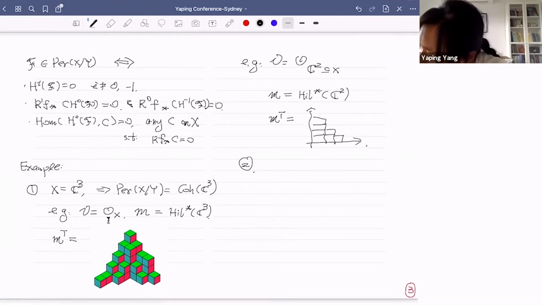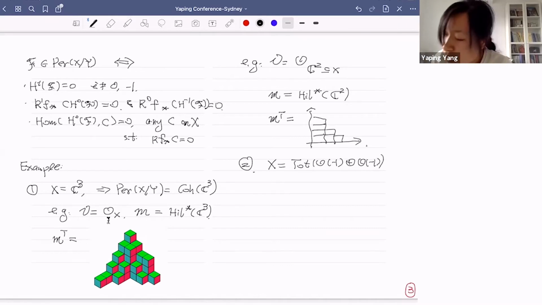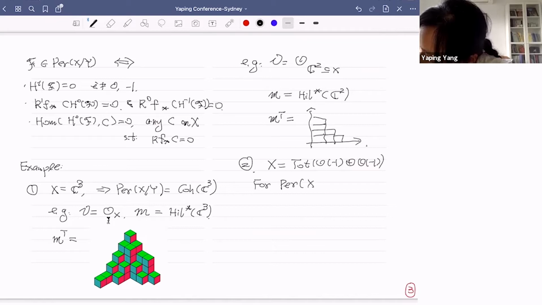So as another example, if I'm taking X to be the resolved conifold, so this is the O(-1) plus O(-1). Okay, so let me describe for you what the perverse coherent sheaves on X are.